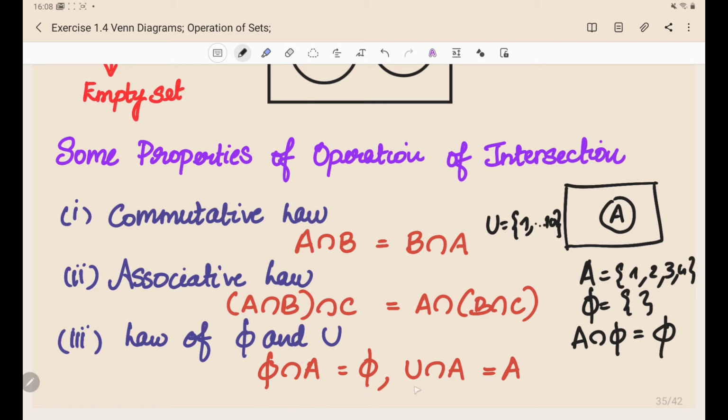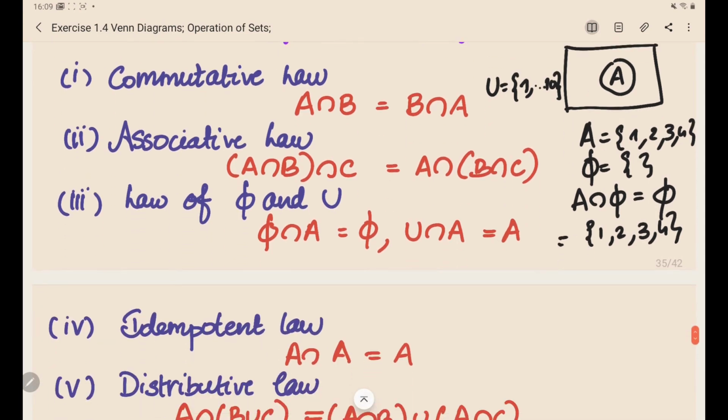Again, if you take U intersection A, these elements should be common to both the universal set and also the subset A. So what was the answer? 1, 2, 3, 4 itself, right? So the universal set taking intersection with A will give you the same set itself. I hope it's clear. These are the properties.